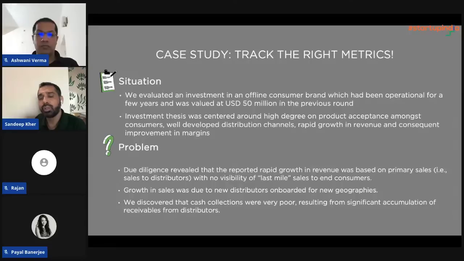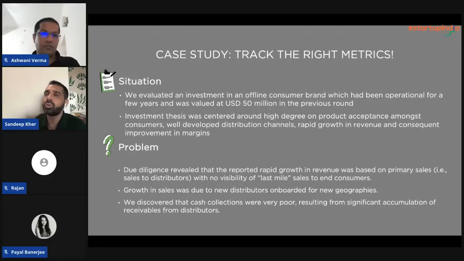And during the diligence phase, we figured out that a lot of the sales that were happening were, in our parlance, what we call dumping, with not really great customer offtake at the last mile.